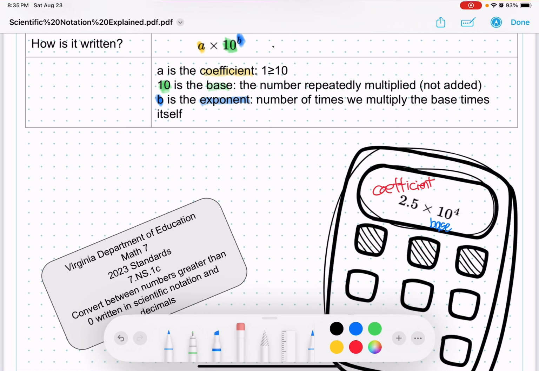And then we have 4, which is our exponent. So if you look at our coefficient 2.5, we see that that number is greater than 1, but it is less than 10. That first digit is where you're going to look.